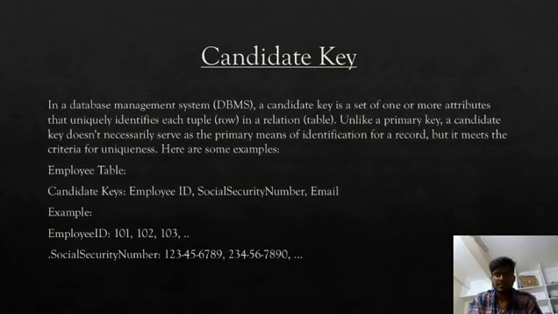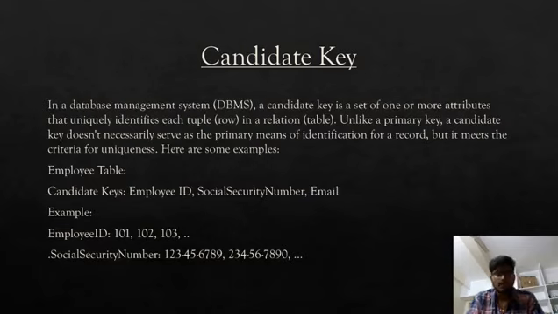Moving on to the candidate key. If we want to identify the candidate keys from a table, we can say that except the primary key, the remaining ones are candidate keys, but we need to select the ones that provide a unique identification of the entity.